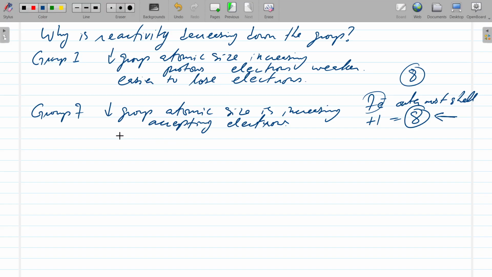And so there's an attraction between protons and electrons, but because of the increased atomic size and the more electron shells.